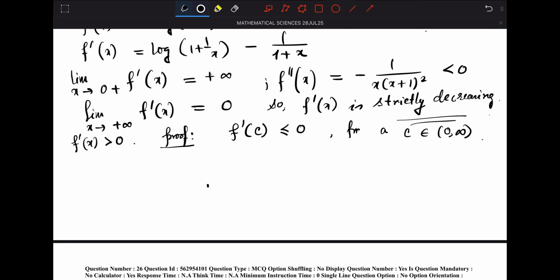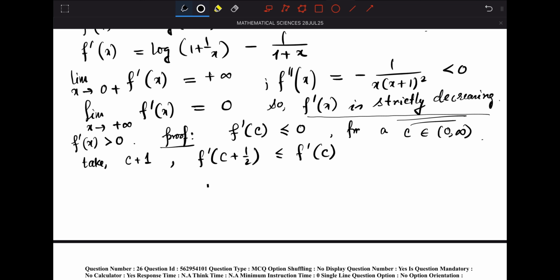Now as f'(x) is strictly decreasing, take c plus half. Then f'(c plus half) is strictly less than f'(c).